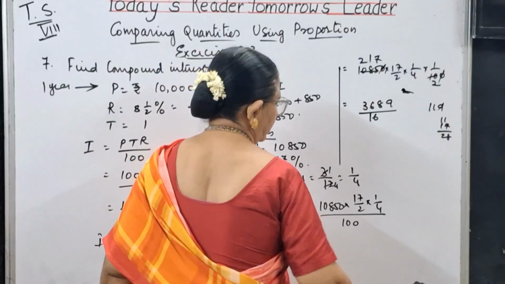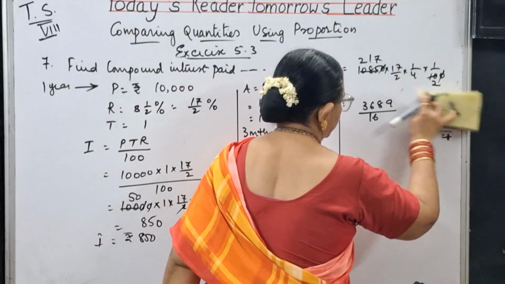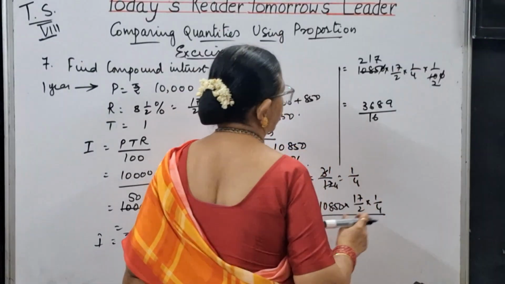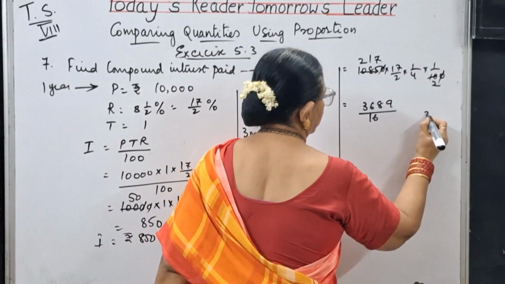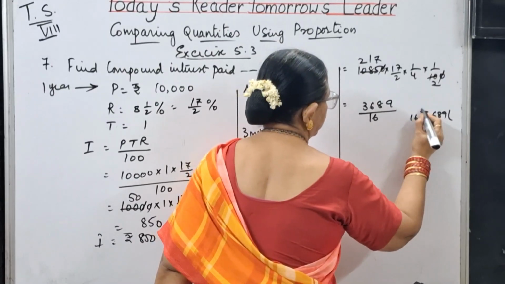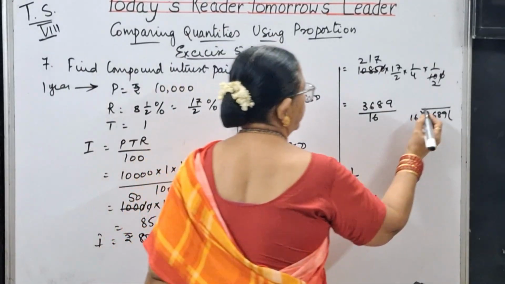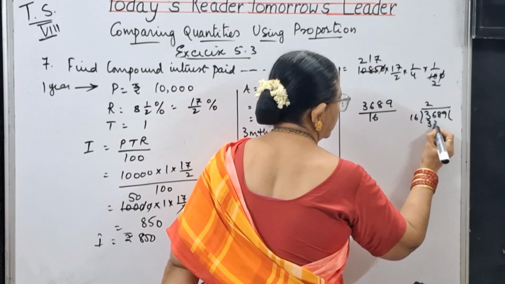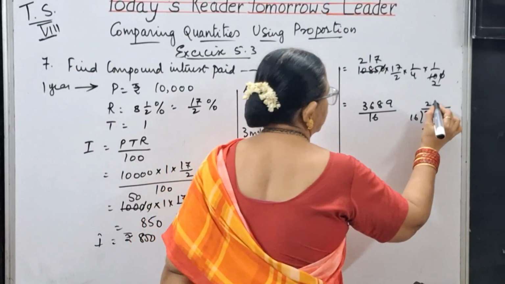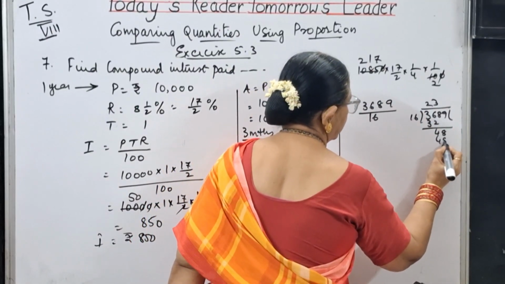So let us see that calculation also. 3689 divided by 16. So I'll write the answer here. 16 twos are 32. So you are getting 4 and 8. 16 threes are 48.